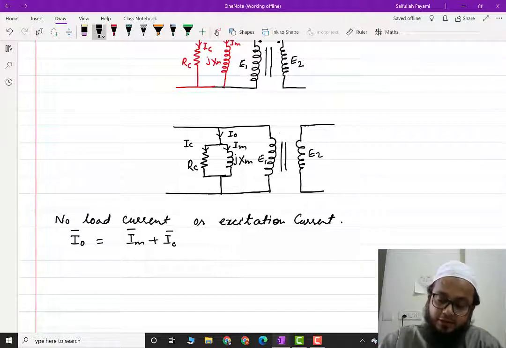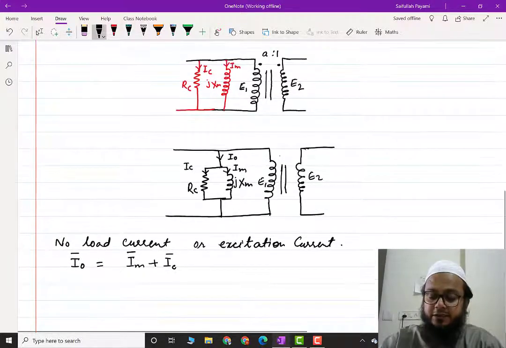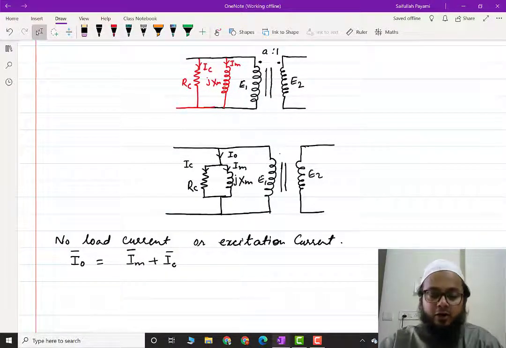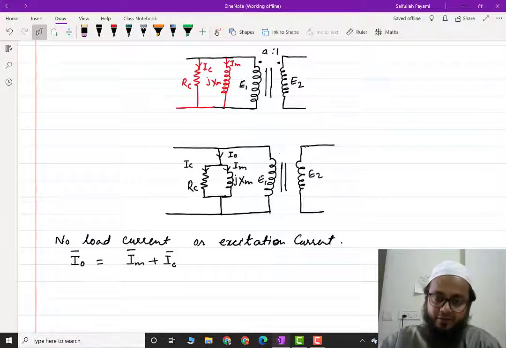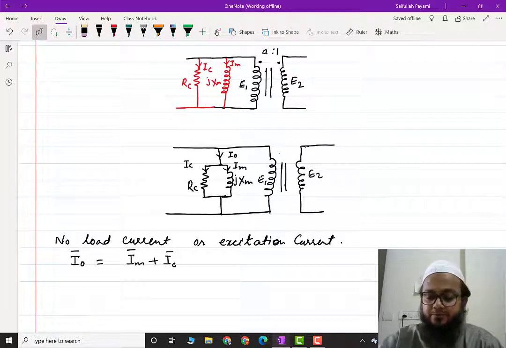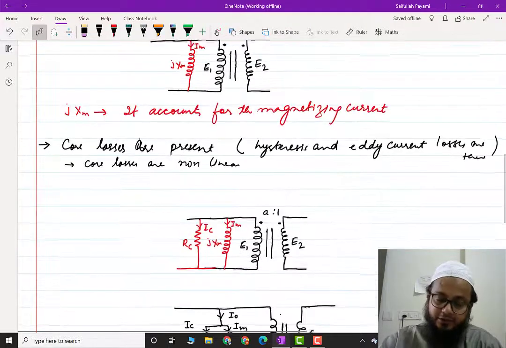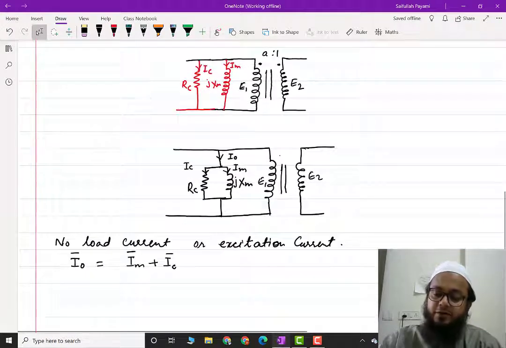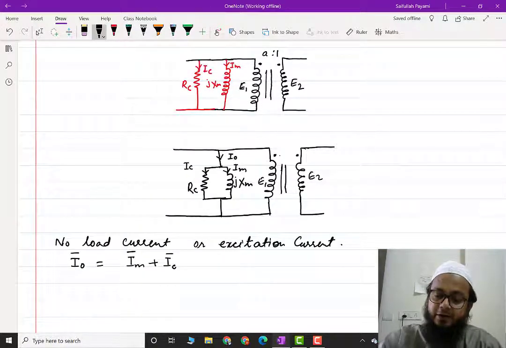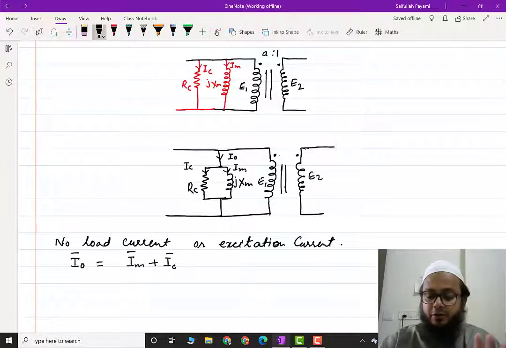The core losses or resistive losses are non-linear, but for a particular frequency and a particular voltage, this RC would be constant, so we represent it by a resistance RC here. So the equivalent circuit of the ideal transformer has been modified to account for the magnetizing current when finite permeability is there, and to account for the core losses.